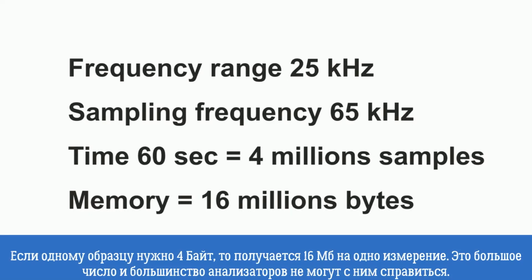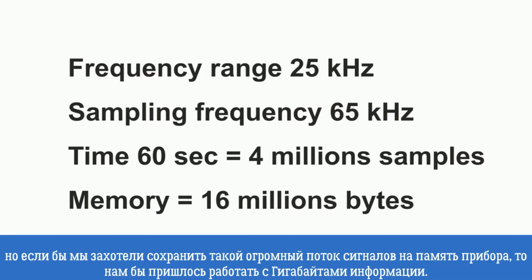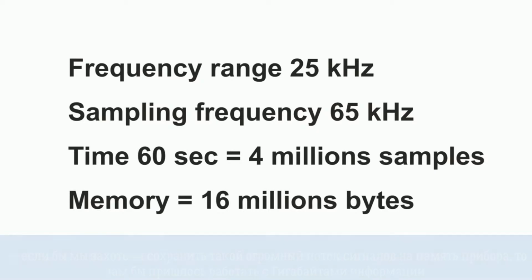When one sample needs 4 bytes, then it is 16 megabytes for one measurement. It is a huge number and most analyzers cannot do it. The ADAS analyzers have such long signals available, but if we would be saving such a huge signals to the memory, then we will have to work with gigabytes.